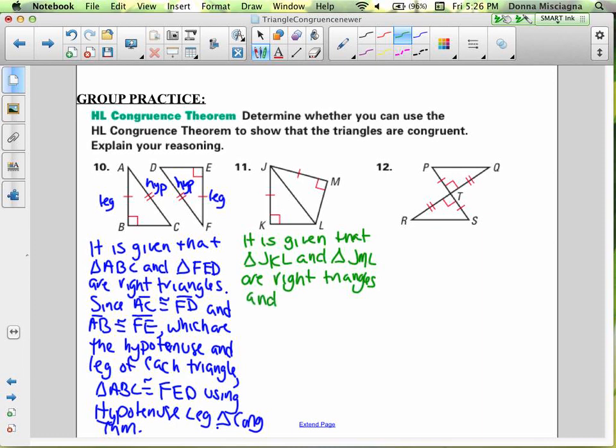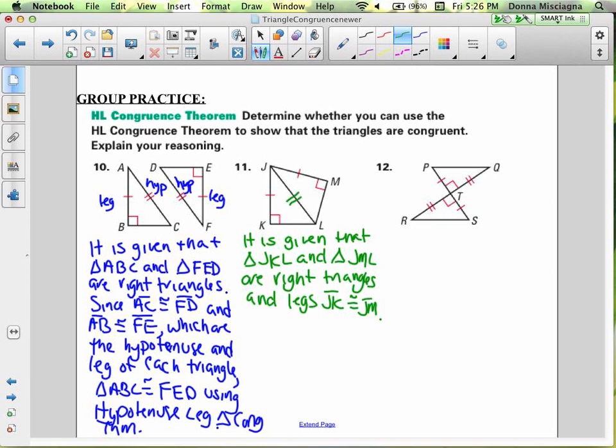And legs JK is congruent to JM, right? So we're given that information. We're given it's a right triangle and that the legs JK and JM are congruent to one another, right?